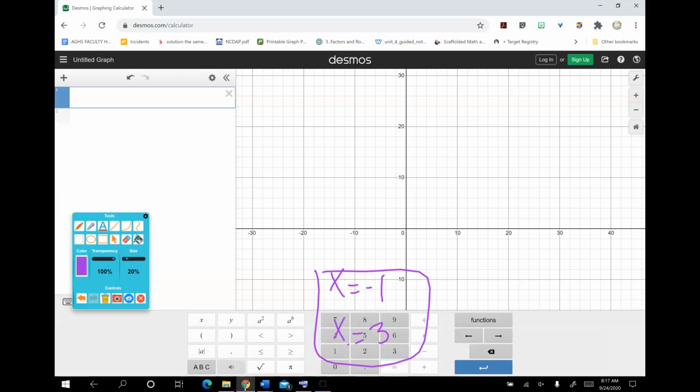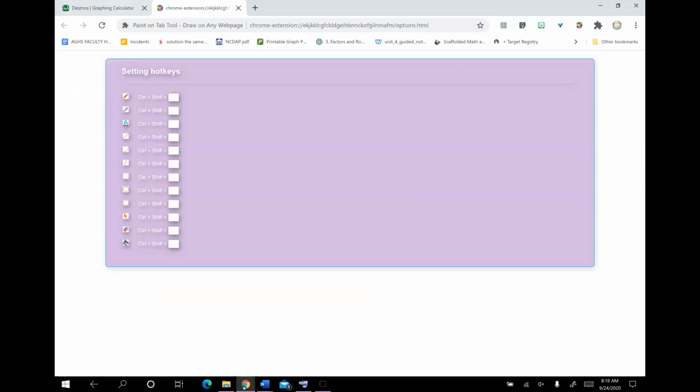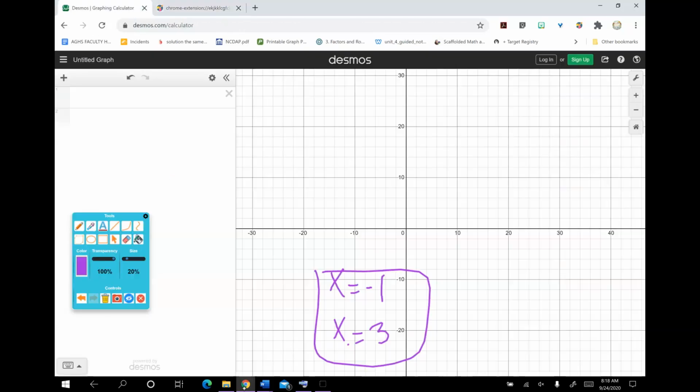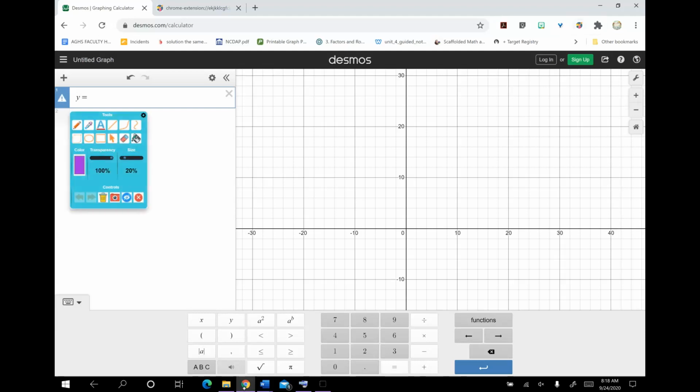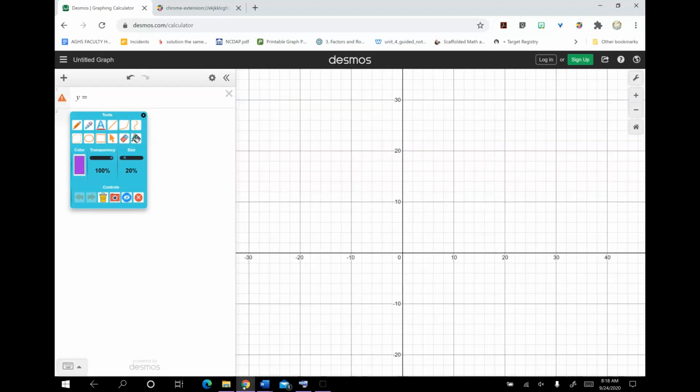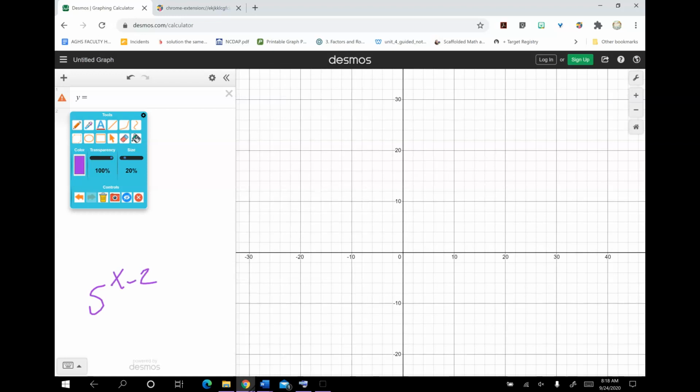All right, let's get rid of this. Let's trash that and exit out. Left-hand side, line 1, is going to be y equals. Now, when you do an exponential, remember our equation was 5 to the x minus 2.